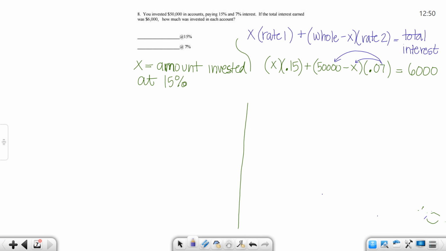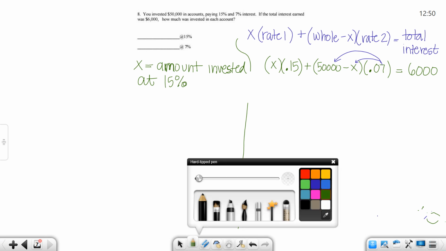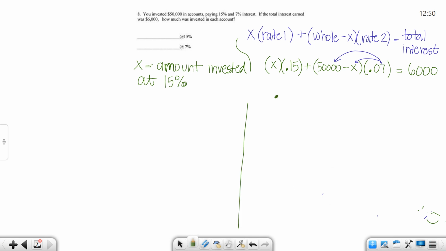Okay, working it out, we'll go ahead and distribute. We get 0.15x. When I multiply out, I'm sorry, I got a little ahead of myself. When I multiply 50,000 times 0.07, I get 3,500 minus 0.07x equals 6,000.